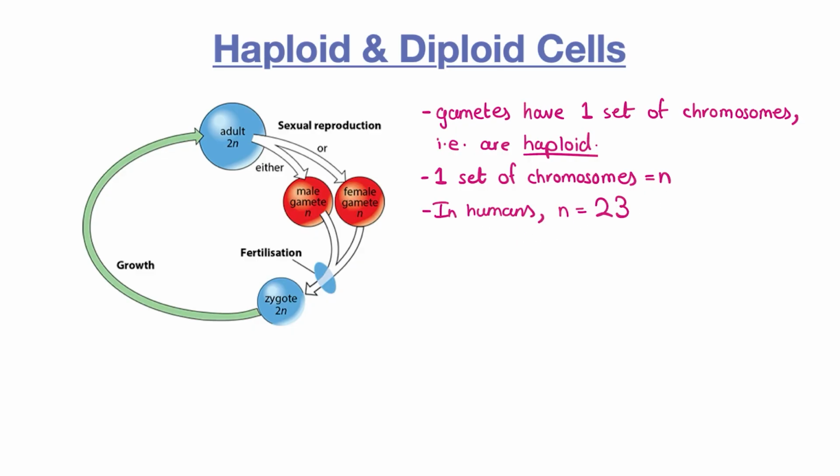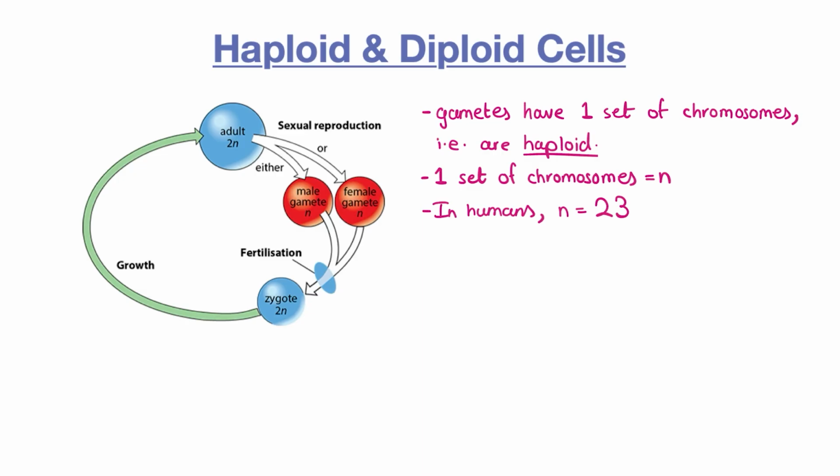For humans, as we said, for example, the N would be 23, because humans have 23 pairs of homologous chromosomes, right? In a diploid cell of a human, there's going to be 2 sets of 23 chromosomes each. So 1 set is 23 chromosomes. So the number N is going to be 23. Right? For other species, this number can of course be different.